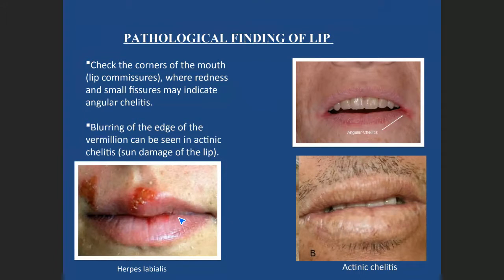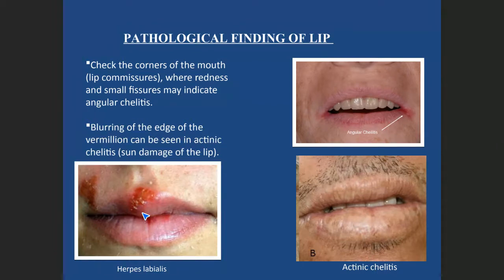So how do you differentiate? See, herpes labialis is a viral infection, so it will have prodromal symptoms like fever, sore throat, lymphadenopathy, followed by the formation of vesicles. Vesicles means blisters containing fluid.